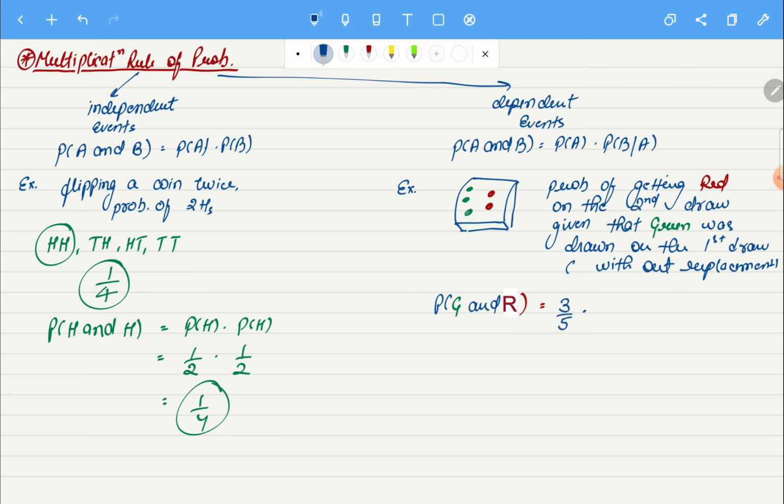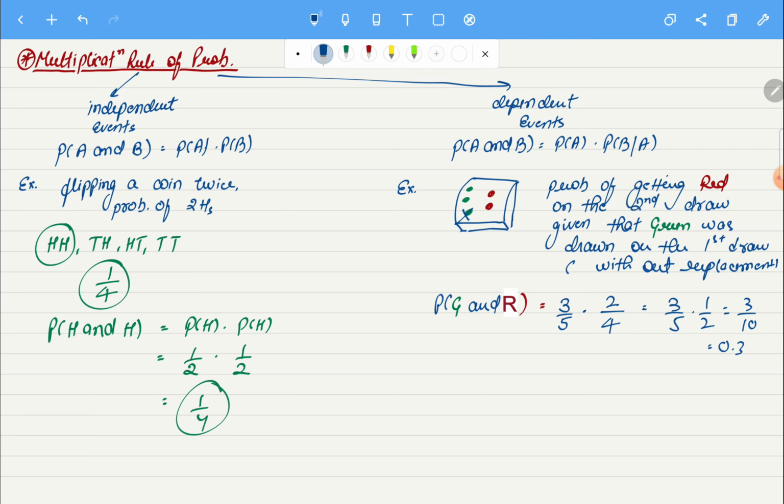Now that we have drawn one ball and that is green, this ball is not there. So now we have a total of 4 balls, out of which we have 2 red balls. So this will become 3 by 5 times 1 by 2, or 3 by 10, or 0.3. So this is how you can find it.